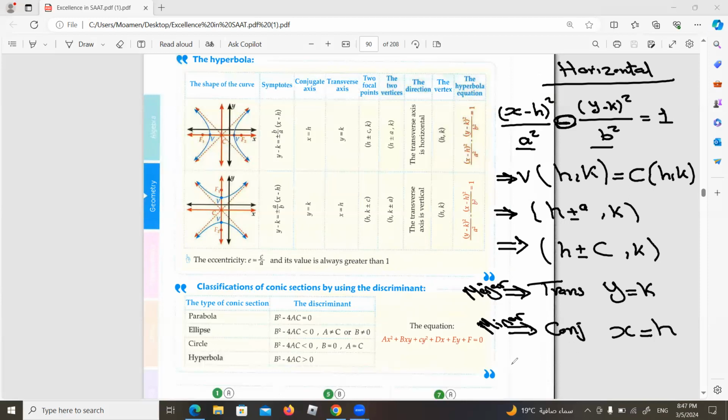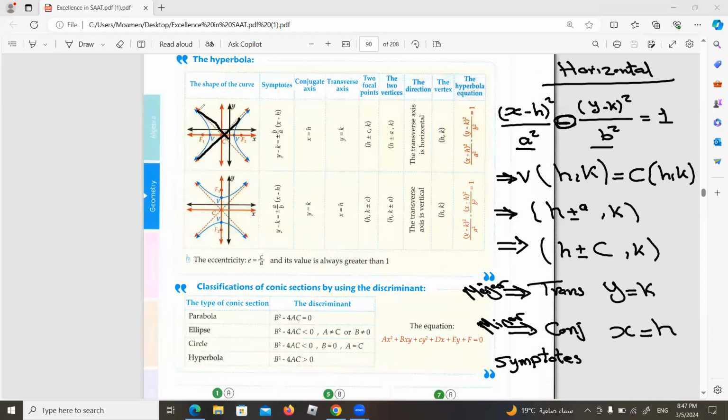But we have a new feature which is called the asymptotes, or the lines of the asymptotes. What are the asymptotes? These are two imaginary lines that the curves can't intersect. As you see, you have two imaginary or dashed lines like this.